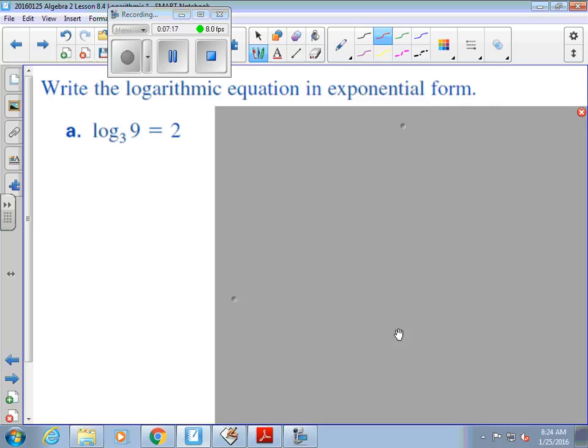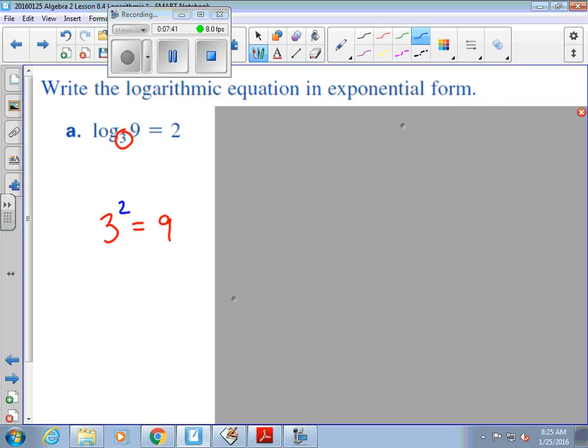But again, as you read this, you read it as log base 3. So that's going to be your base, 3. Log base 3 of 9 equals 2. And you could easily mentally check that.